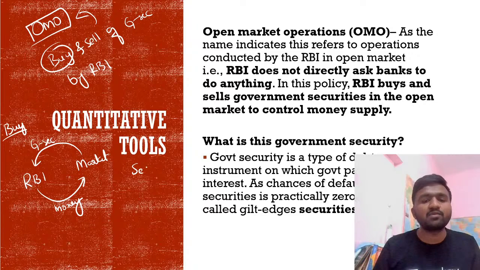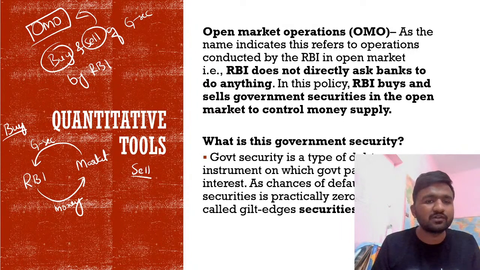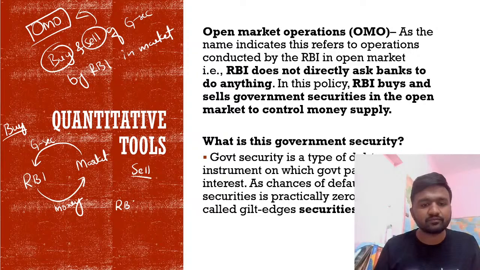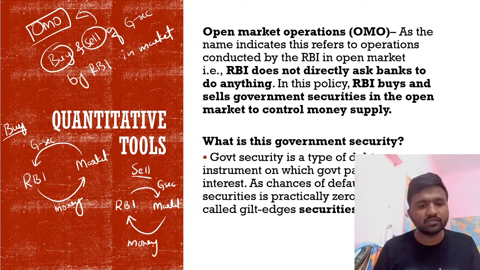In another case, RBI wants to sell government securities. Now government securities are going from RBI to the market. At that time, the market will pay some money for these government securities.